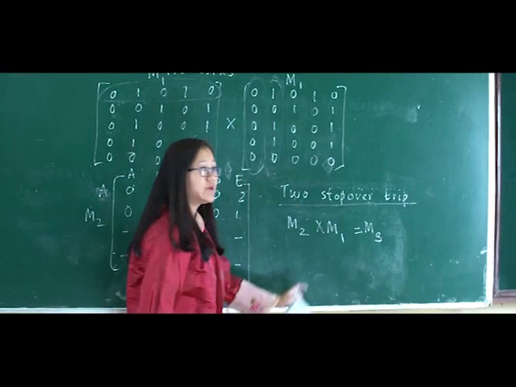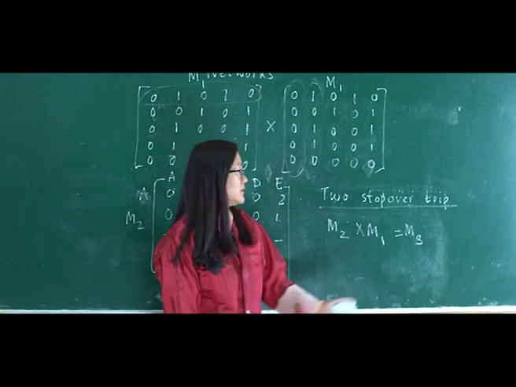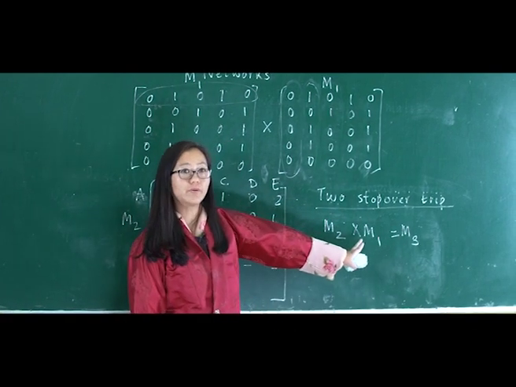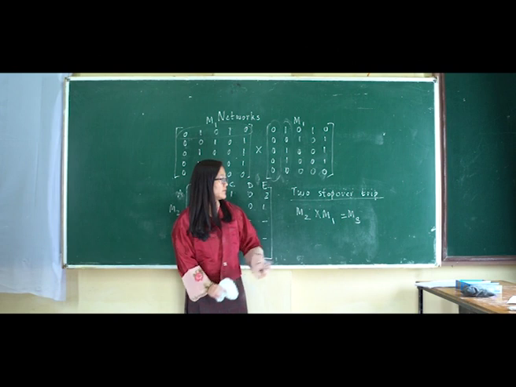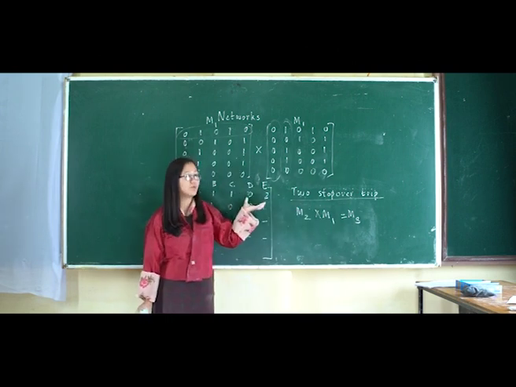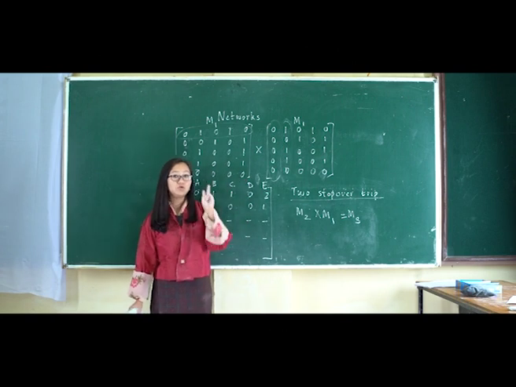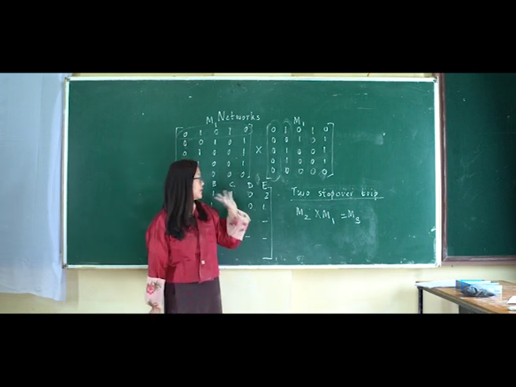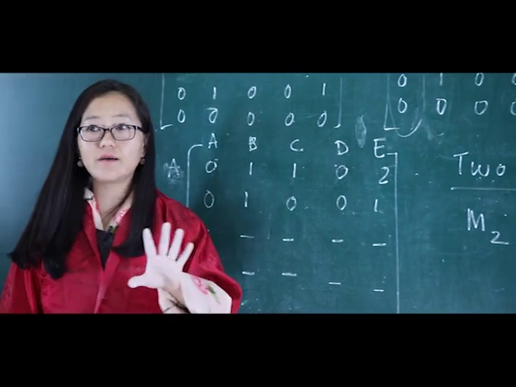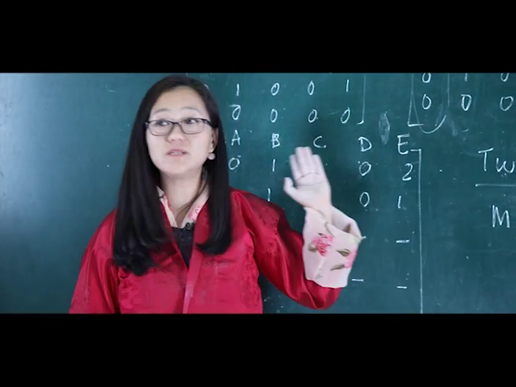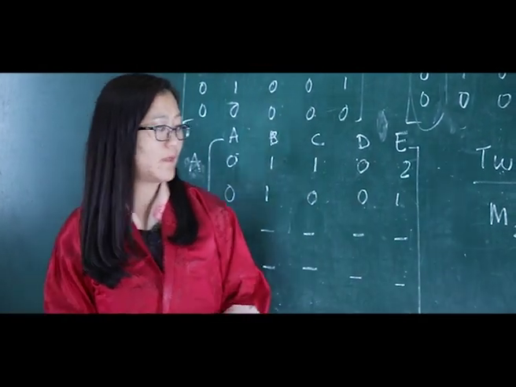And this M3 is actually the 2 stopover trip matrix. So from here, as we saw with one stopover trip, if the element is 2 here, it would mean that there would be two stopover trips from A to E. That doesn't guarantee that it has to be 2 there. I'm just giving an example.